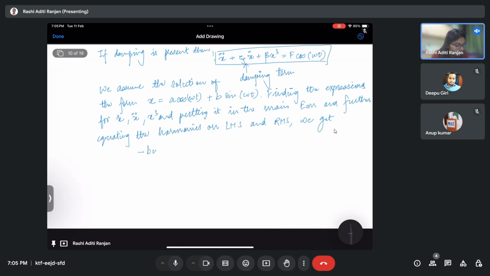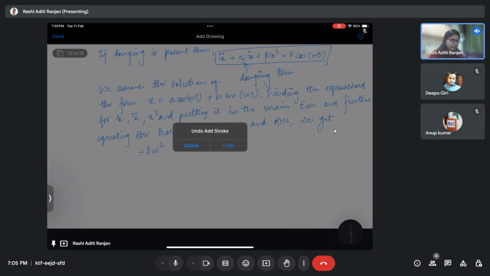If you want, after the live session, you can try evaluating the expression. However, it is a hectic task, but if you try, it will be better for you.